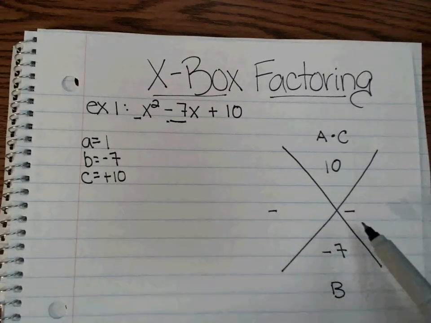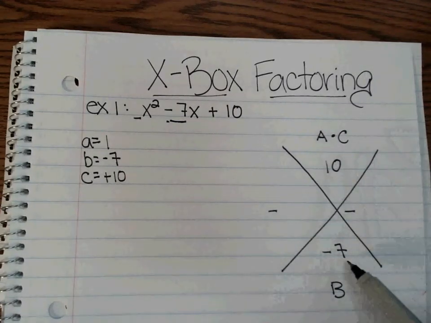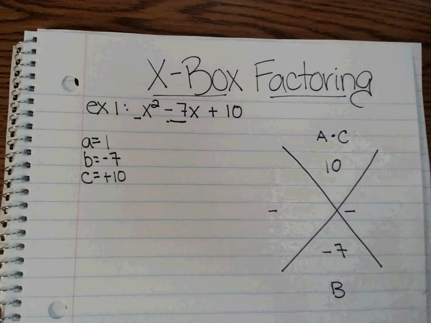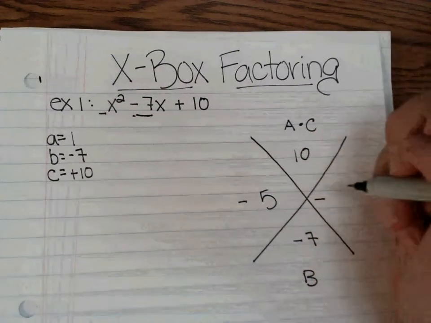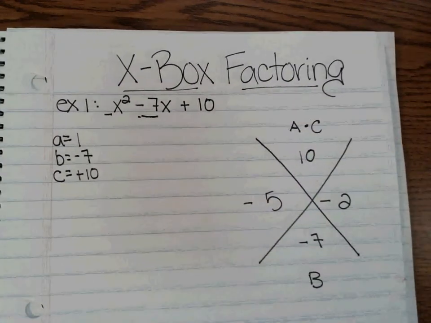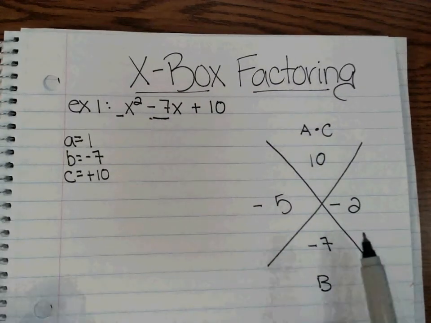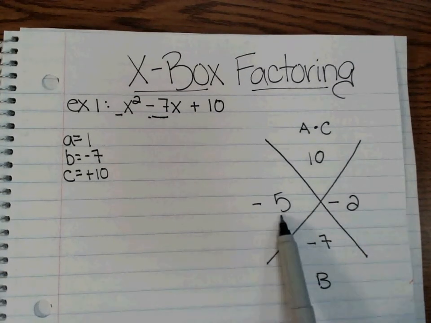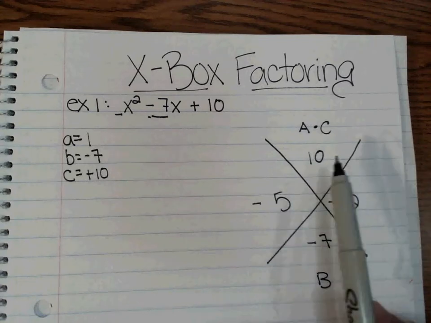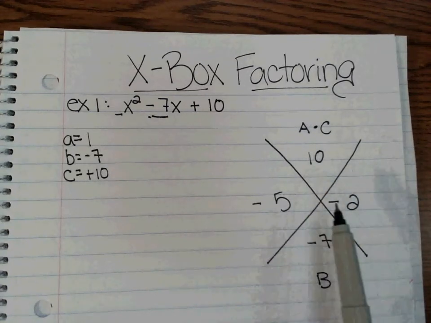So I'm going to think of what two numbers multiply to give me 10, add to give me negative 7, and those are going to be negative 5 and negative 2. Alright, because negative 5 plus negative 2 will give me negative 7. Negative 5 multiplied by negative 2 will give me a positive 10.